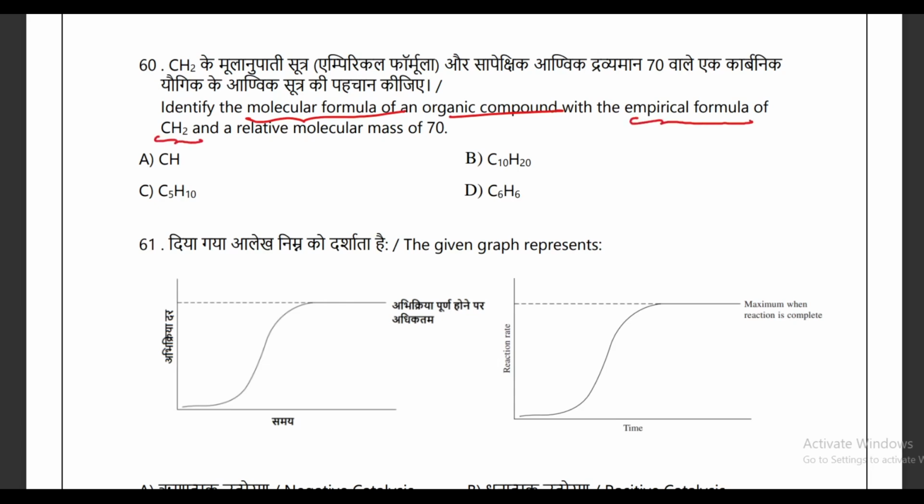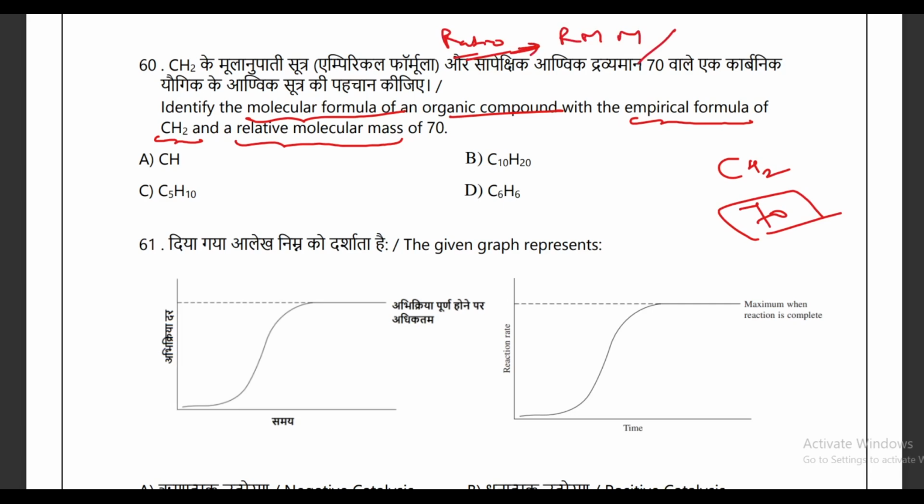They are providing you the empirical formula CH2 and its relative molecular mass is 70, and you have to find the molecular formula of the organic compound. To check that, first of all you have to find the ratio of relative molecular mass divided by empirical formula mass.